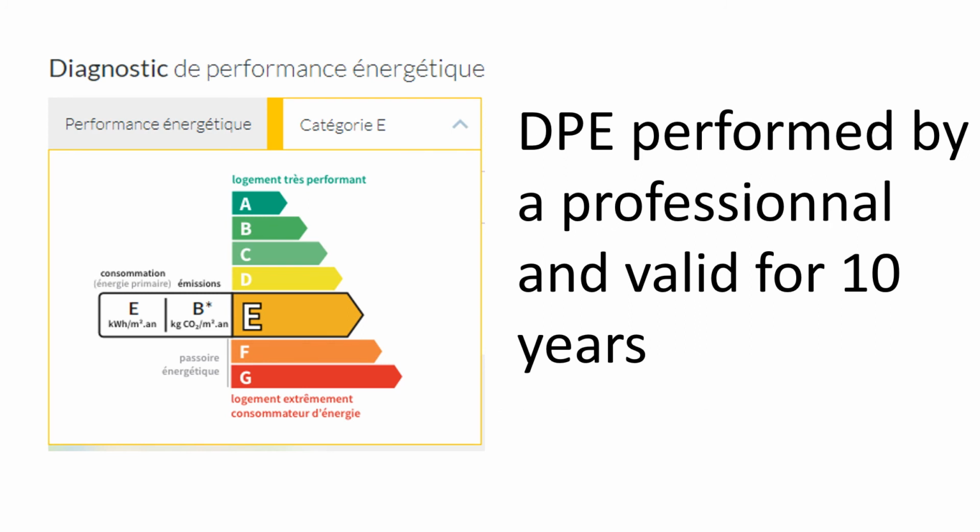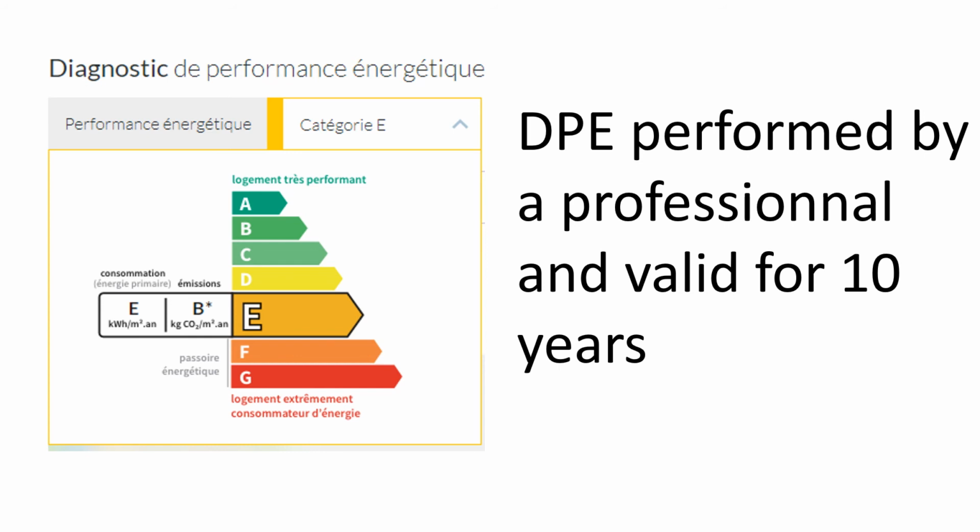So this is what a diagnostic de performance énergétique looks like. It is performed by a professional and valid for 10 years, but the onus is on the owner to get it done, so you don't have to worry about that. And of course, you don't want a diagnostic which is in the red part, which is the F and G. You don't want that if possible.